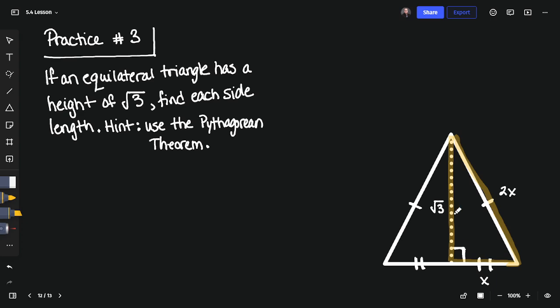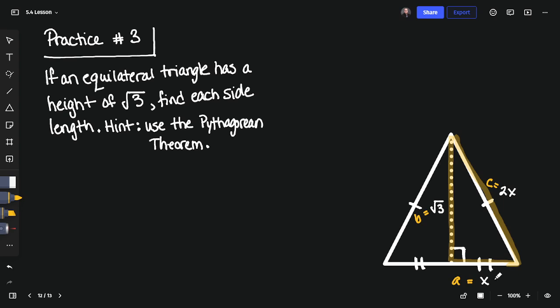So we have 2 legs and a hypotenuse. a squared plus b squared equals c squared. Let's make our a equal to x, make our b equal to square root of 3. That means our c is equal to 2x.